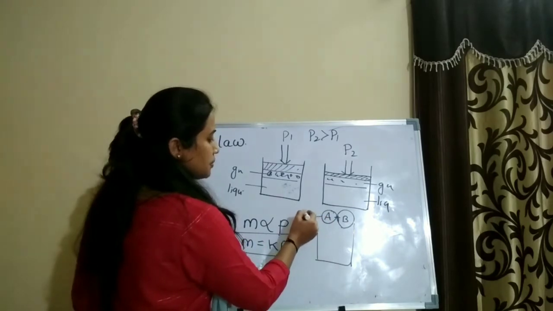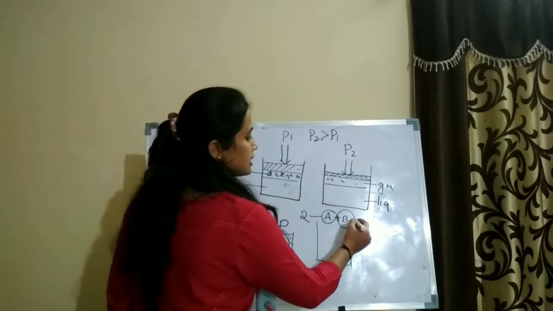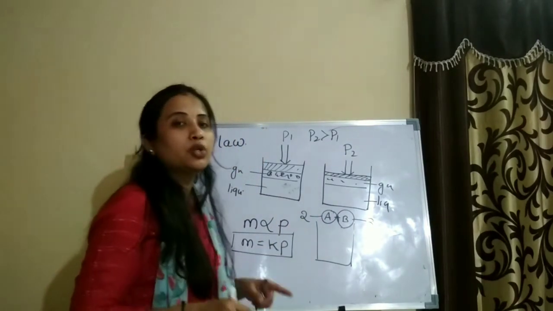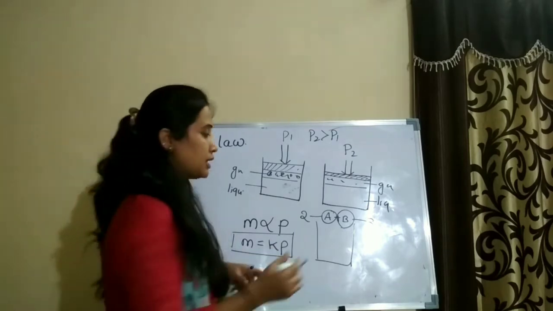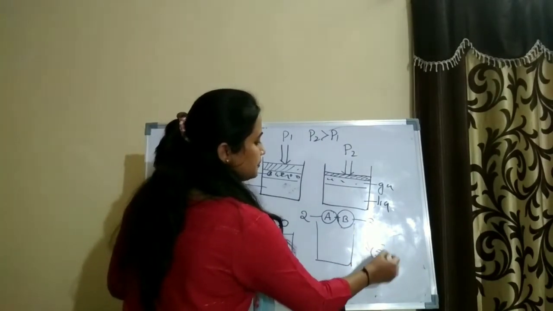Let us take A has a pressure of around 2 atmosphere, where B gas has a pressure of around 3 atmosphere. Now if I want to calculate the total pressure, I do 2 plus 3, total pressure becomes 5.